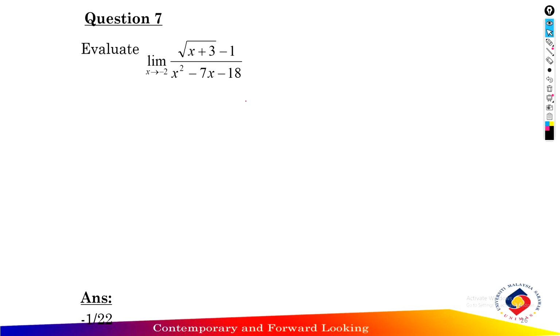Question 7. Find the limit as x approaches negative 2 of (square root of (x plus 3) minus 1) over (x squared minus 7x minus 18). First method, using substitution. You substitute negative 2 into the rational function.